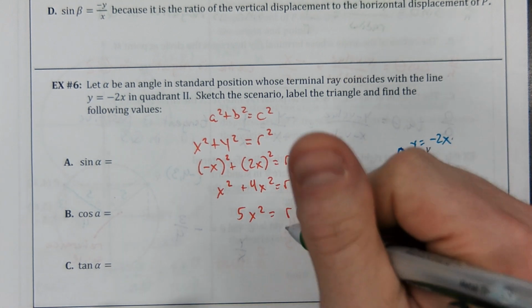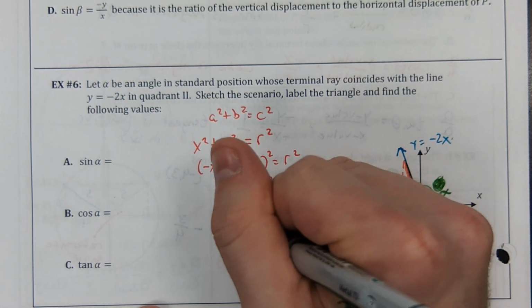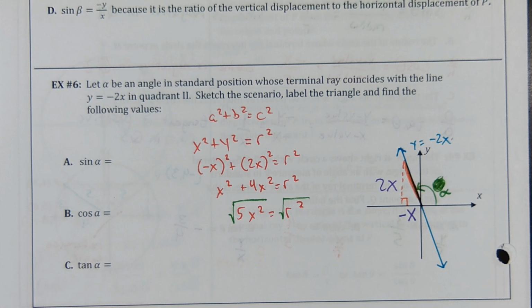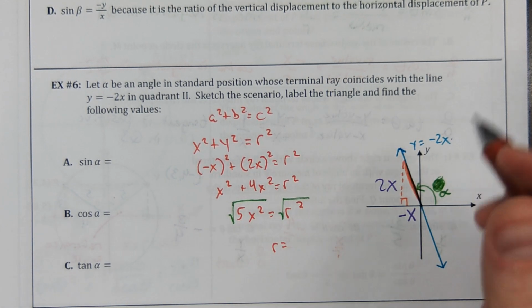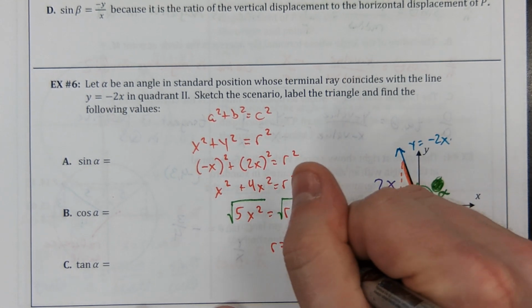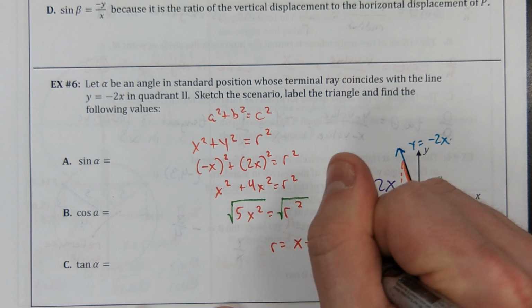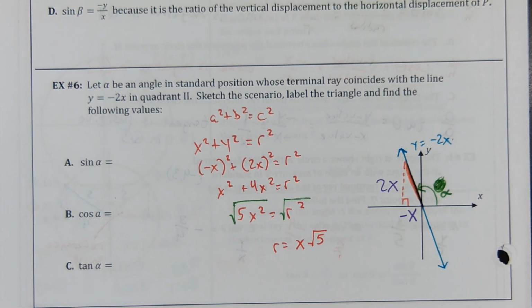We're going to take the square root of both sides so we know what our radius length is. Remember, we don't need plus or minus because at this point in the game, all the radii of circles are positive. Yes? You cannot take the square root of 5, but you can take the square root of x squared. So we get our radius is x root 5. Isn't that special?